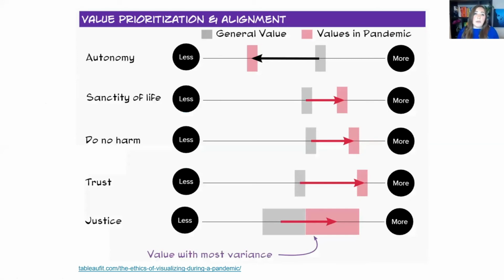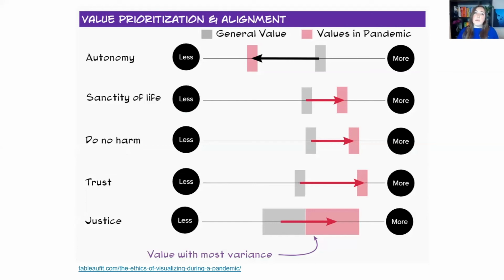Bridget Cogley, who's a Tableau Zen master and writes a lot about ethics and data visualization, has a great article on the ethics of visualizing in a pandemic. And in it, she talks about this idea of value prioritization and alignment and how our values may shift across these different categories. Things like autonomy, sanctity of life, do no harm as a principle, trust, justice.